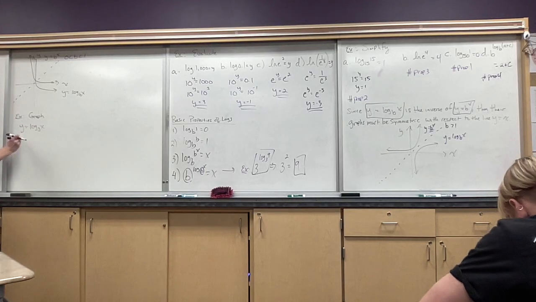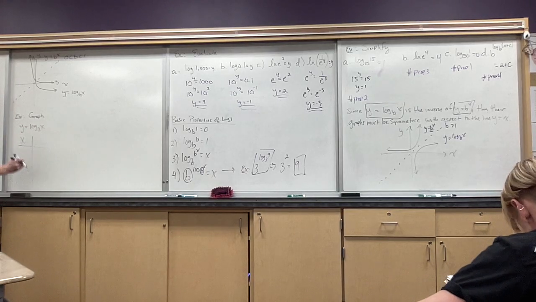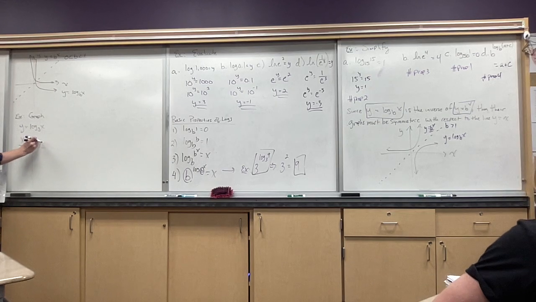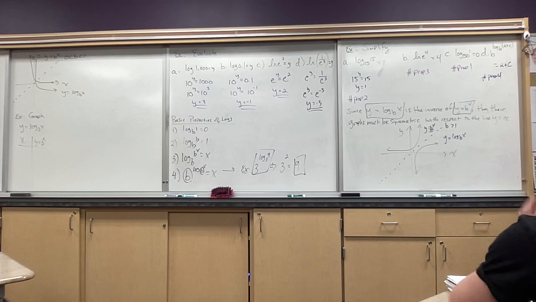So I'm going to write an xy table with the exponential form of this, okay? So this is actually y equals 3 to the x. That's what it looks like before we do even the log stuff. And usually, you'll see it in the homework too. I start with -3 all the way to +3.